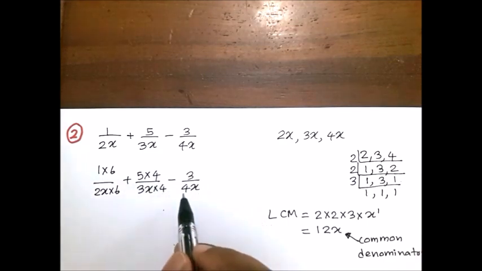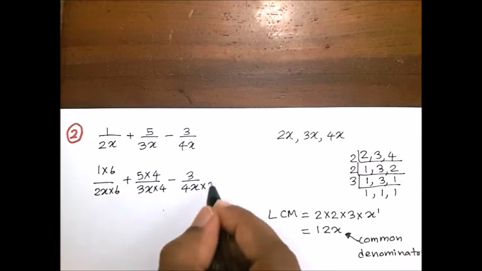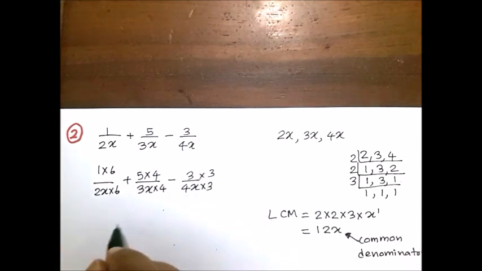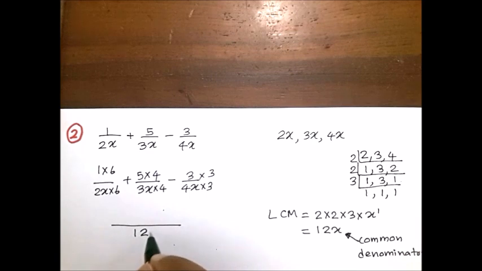To convert this into 12x, you have to multiply this one by 3. Now the common denominator is 12x. Here 6. 5 multiplied by 4, 20. 3 multiplied by 3, 9. 6 plus 20 is 26. 26 minus 9 is 17. The answer is 17 over 12x.